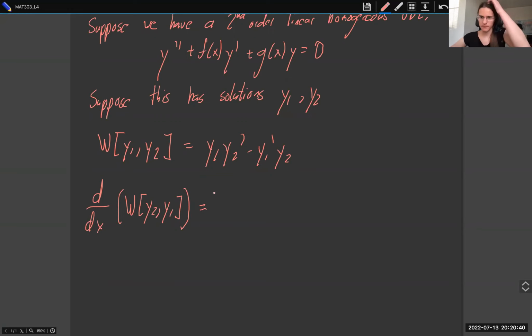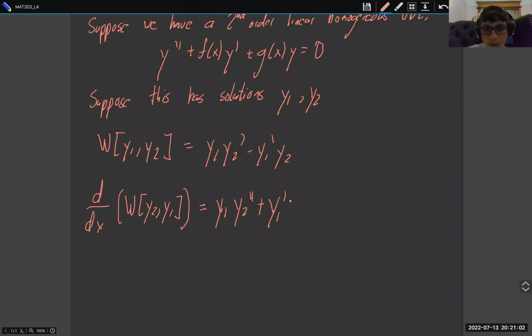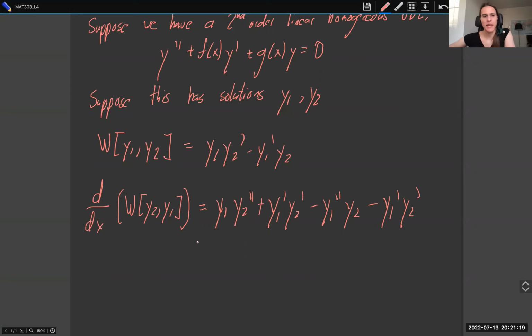Product rule, I get this: y1, y2 double prime, plus y1 prime, y2 prime, minus y1 double prime, y2, minus y1 prime, y2 prime. Now the y1 prime, y2 prime terms cancel out.